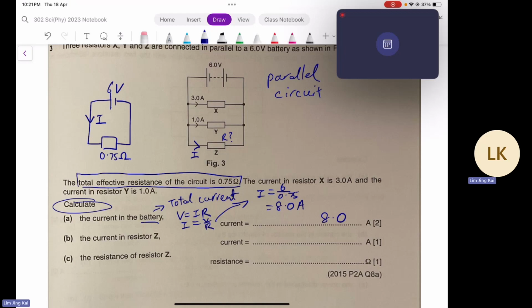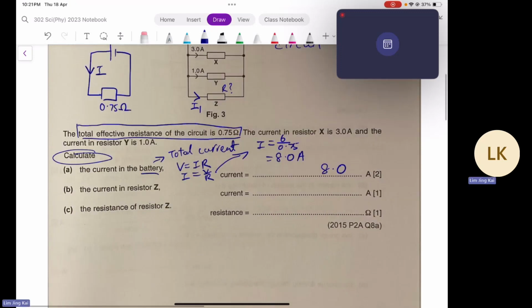So if I call the current in this last branch I1, and since I have already calculated the total current in the battery at part A to be 8 amperes, that would mean that I total will be equal to 3.0 amperes plus 1.0 amperes plus I1.